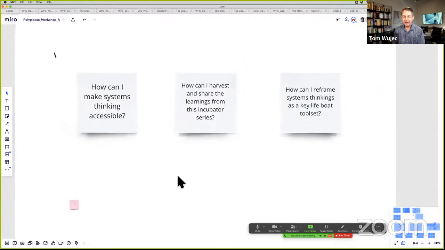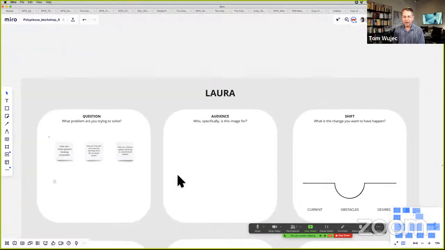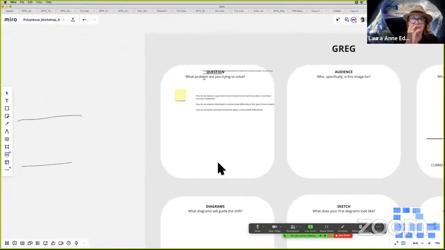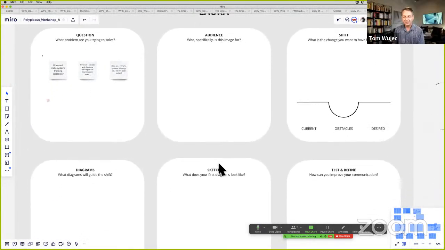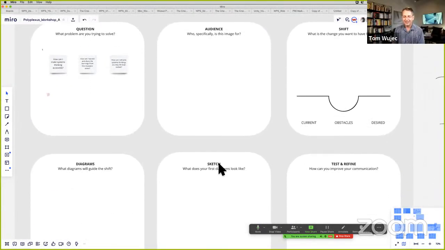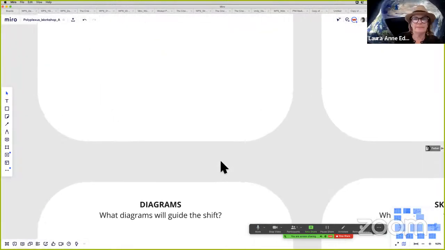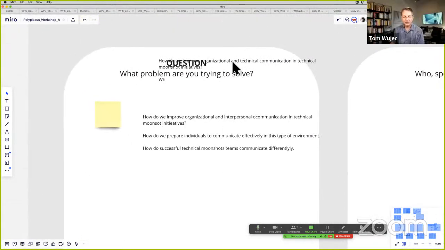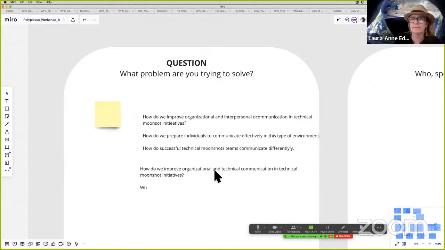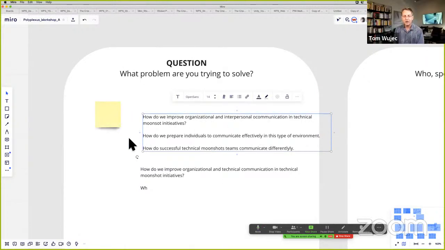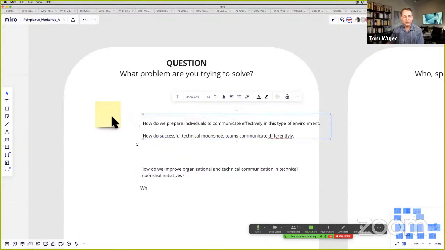Terrific. Let's go to our next one. Do you want to take a picture? Go ahead. I heard a little click. No, I've got the board. Okay, great. I'm going to move some of these here. Do you mind if I put them into separate notes? The reason for that is we'll move them around.